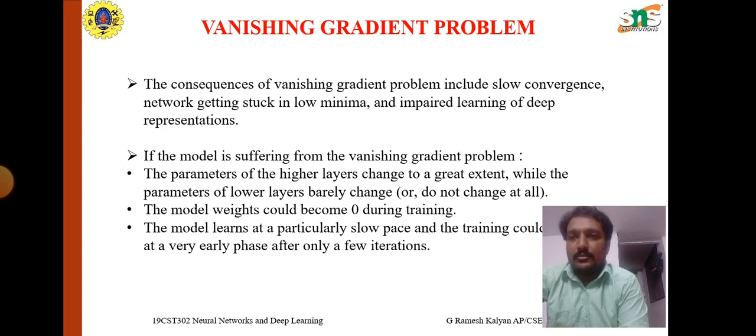Second, the model weights could become totally zero during the training process. And the third, the model learns at a slow pace, and the training could be at a very early phase after only a few iterations.